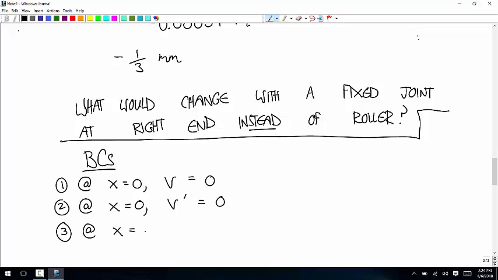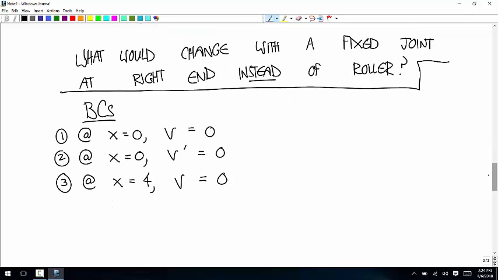At x equals 4, we have v equals 0. That was there when we had a roller at the right end. But now that we have a fixed joint, there's a new boundary condition. So at x equals 4, v prime also has to be equal to 0.